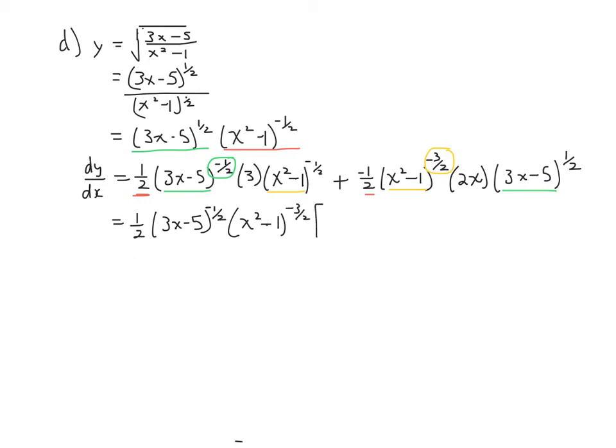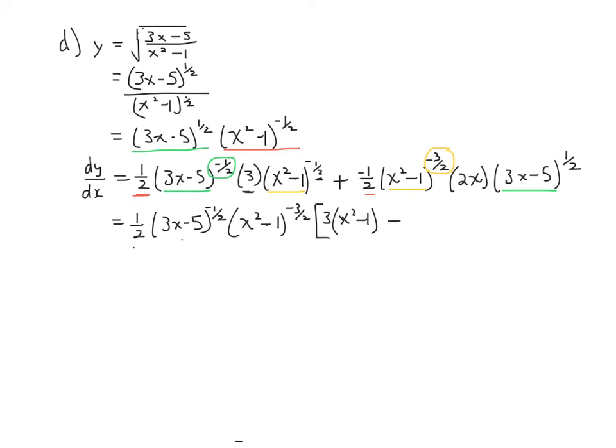And then I need to see what I need to multiply that by. Looking at that first term, the 1/2's already there. That is good, that's the same. I have an extra 3 in this factor right here, and I need to multiply that by 1 factor of x squared minus 1, so that would increase my exponent to be a negative 1/2 there.